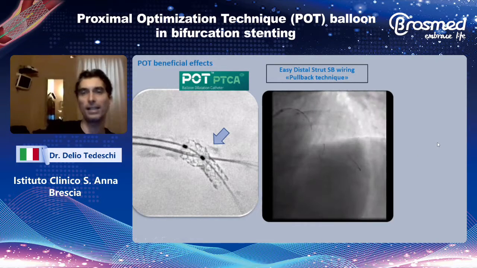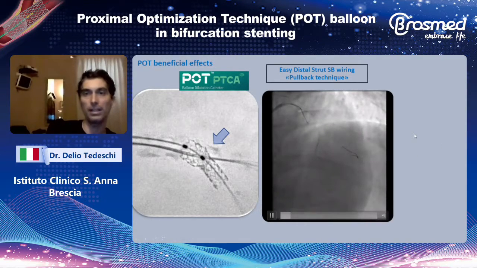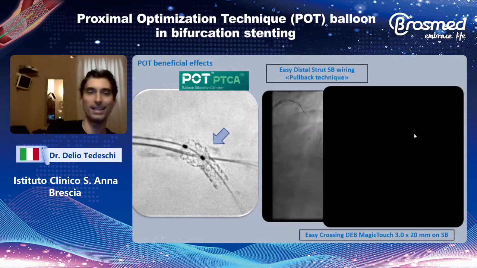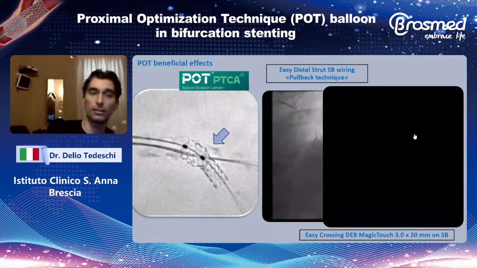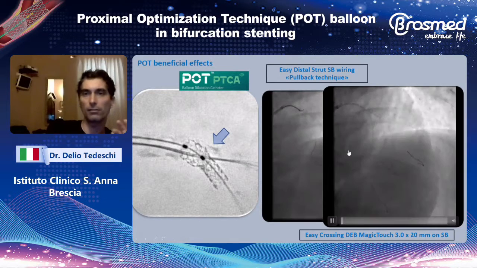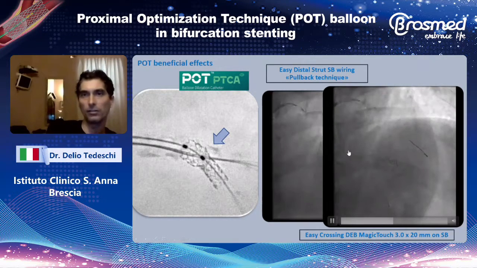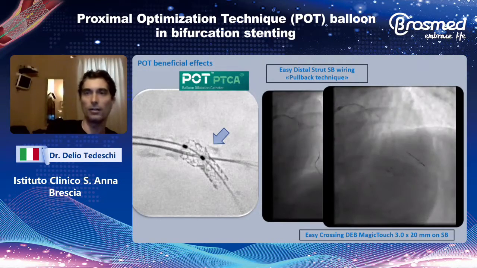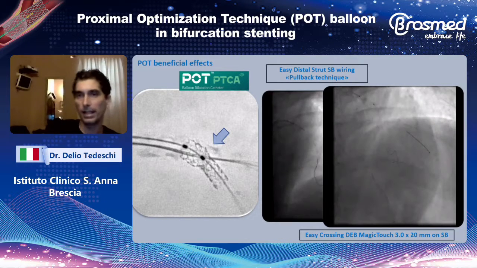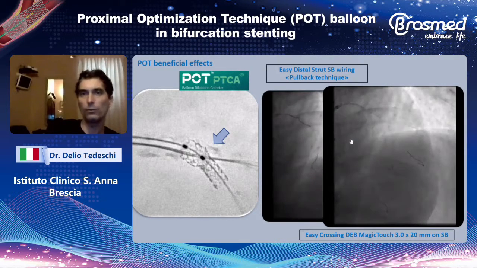After that, I decided to treat the bifurcation of the diagonal with a drug-eluting balloon, because the result after the non-compliant balloon was very good. And this was the crossing of the non-compliant balloon toward the strut of the drug-eluting stent without any opening, without any predilation. So this was very interesting.